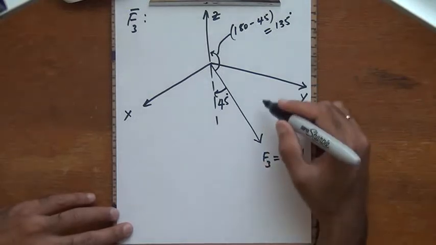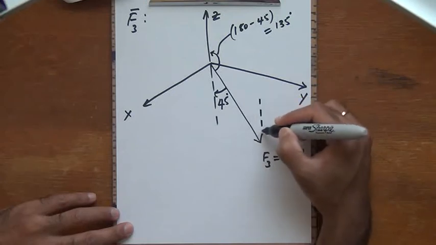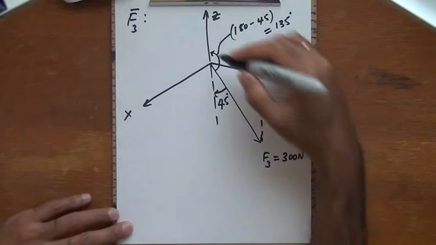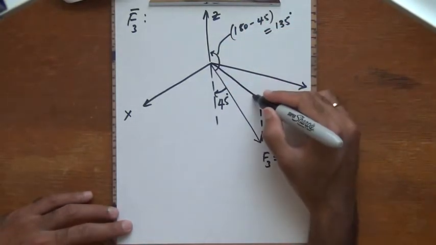Then one more angle is given to us, which is I take the force vector, I project it on the xy plane, right? Then I draw a line starting from the origin, and then I complete this triangle here.